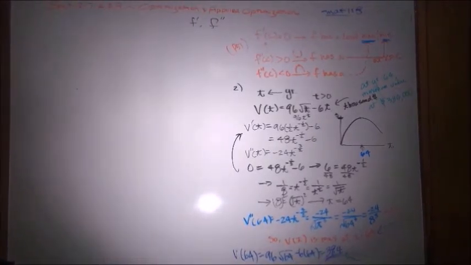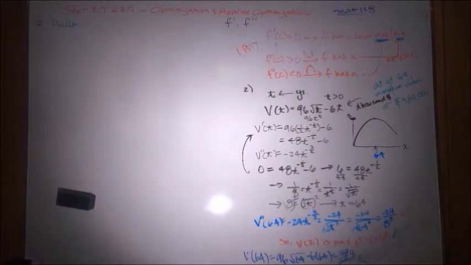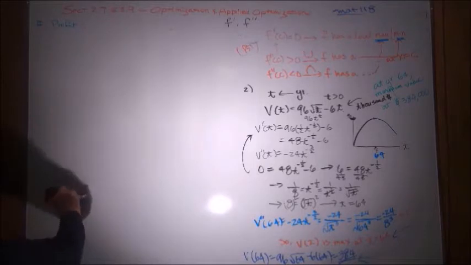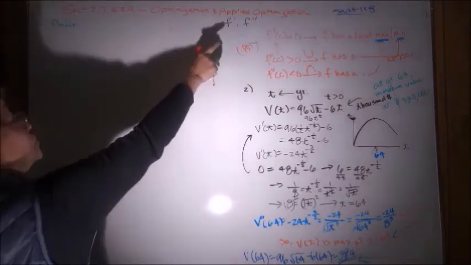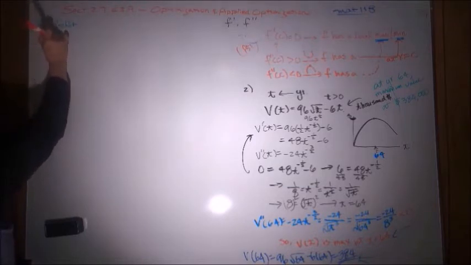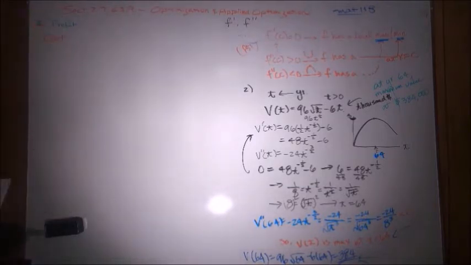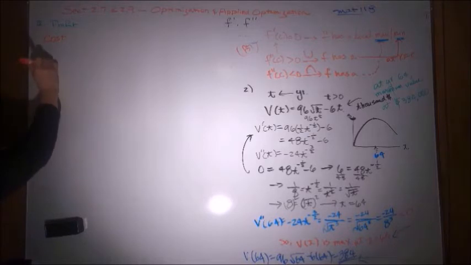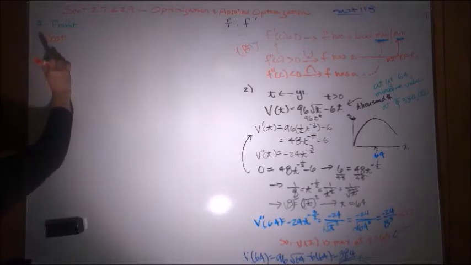Now let's talk about profit, okay? And see how we are going to use f prime and f prime prime to maximize our profit and minimize our cost, right? So let's talk about how we usually count the cost. Then how do we do the revenue?